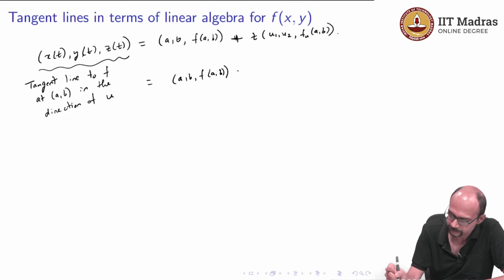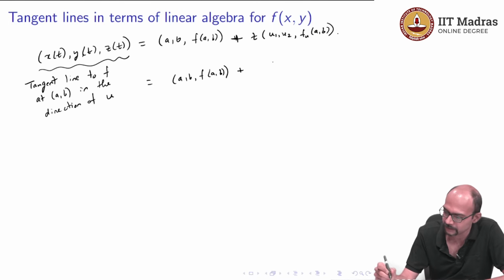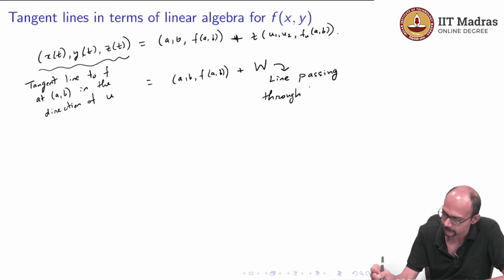plus the line passing through the origin. So, the subspace which maybe I will call W, and what is this W? W is the line passing through the vector (u1, u2, fu of a comma b).